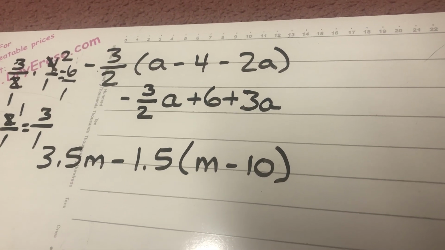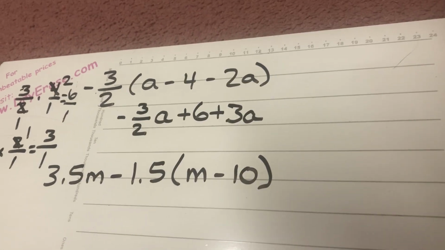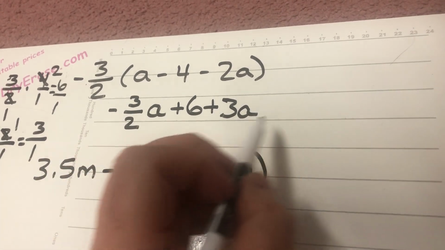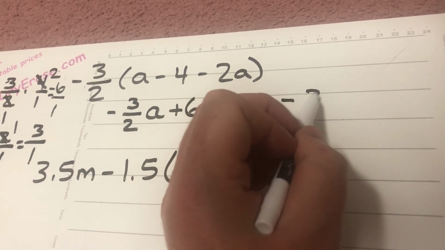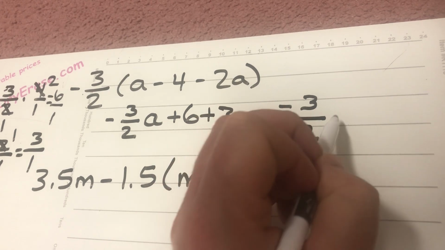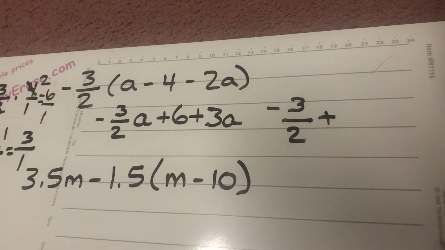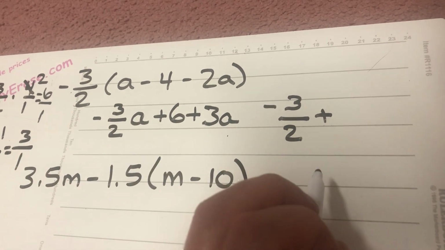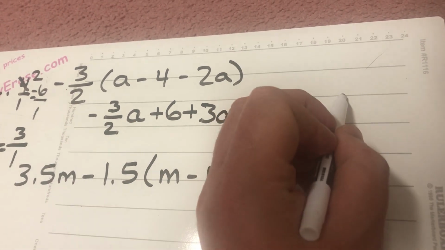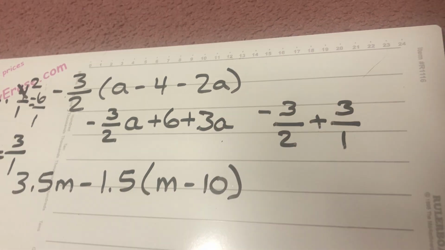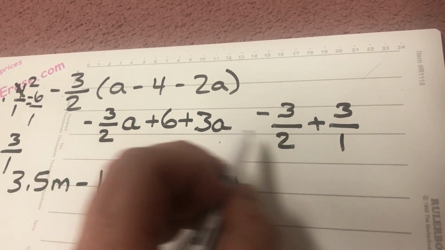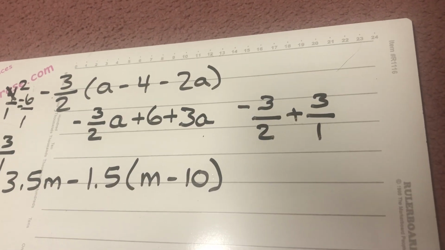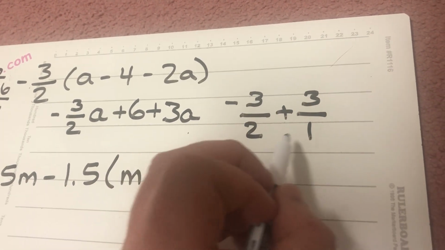If I want to think of that as negative 3 over 2 plus 3, because those are like terms, same variable, neither of them have an exponent, plus 3 over 1, because that's what 3 would be. 3 would be 3 over 1, 3 over 2 would be 3 over 2. I need to make a common denominator.